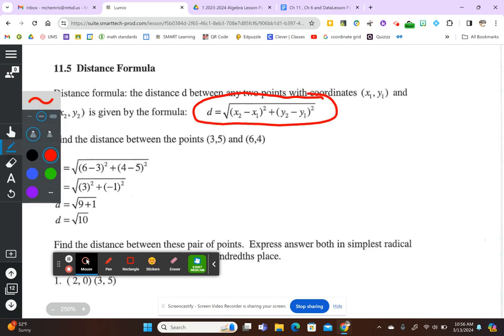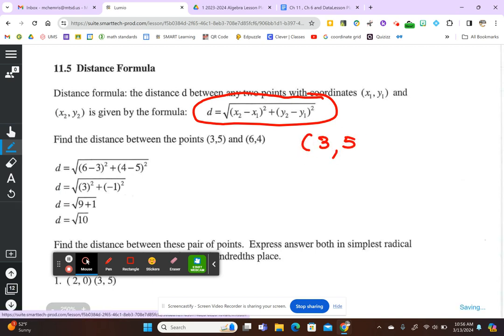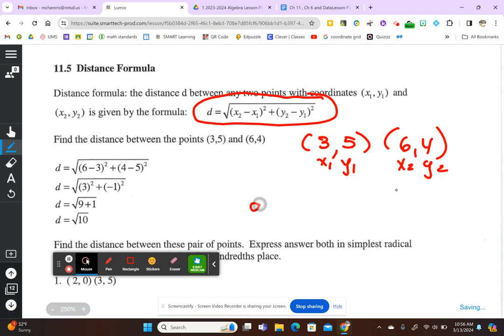Now, if I give you 2 points, in this case, we give you (3, 5) and (6, 4). I label one x sub 1, y sub 1, and the other x sub 2, y sub 2. And I say the distance equals the difference in my x's, so 3 minus 6. And the beauty of this formula is you can say 3 minus 6, you can say 6 minus 3. The sign does not matter because you're going to square it.